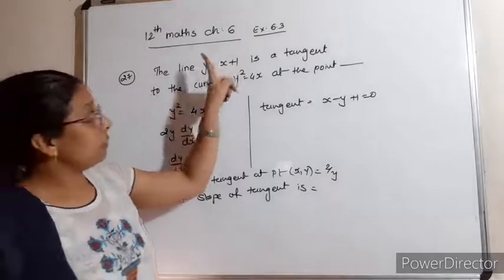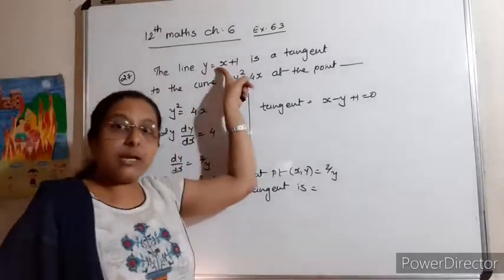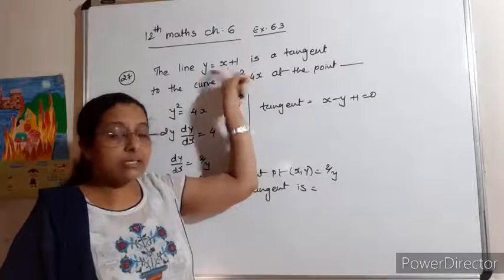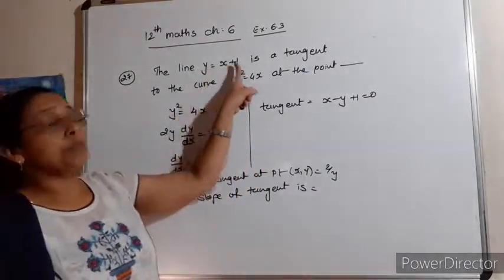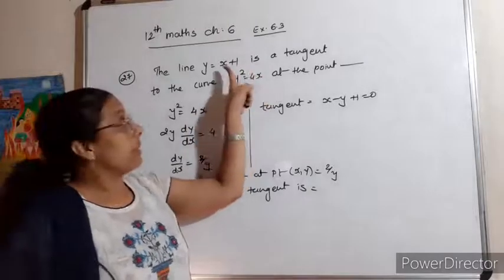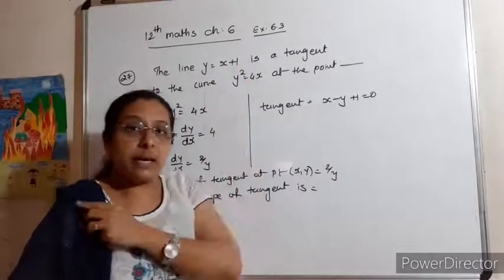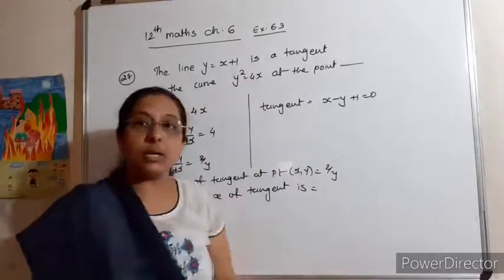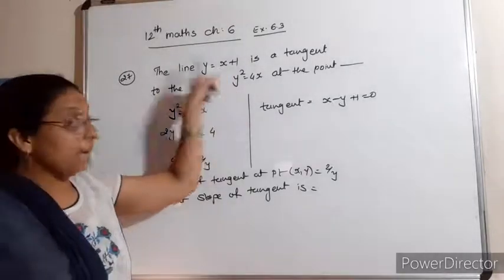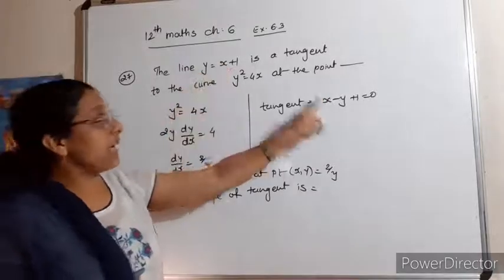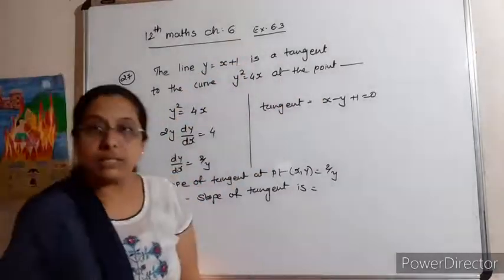So you will write it directly. If you remember that the tangent is a straight line, its equation is y is equal to mx plus c. So compare this with mx plus c. You will get the slope of the tangent is 1. But if you don't get it, then x minus y plus 1 equal to 0.